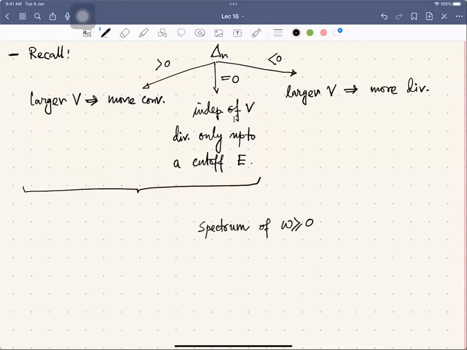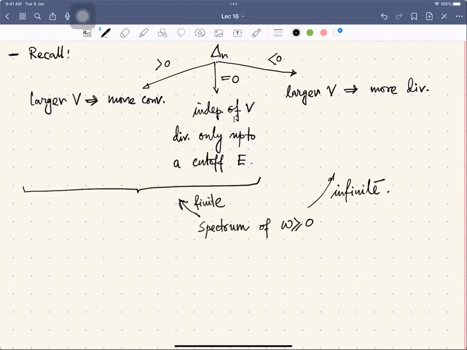This must be finite in these two cases, but it should be infinite in this case, because the more we allow a larger number of vertices, we tend to receive more and more severe divergences.